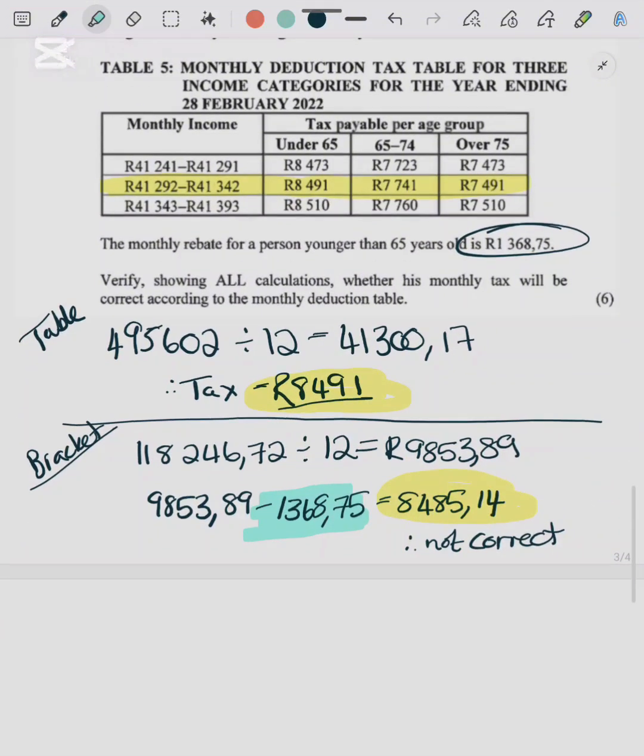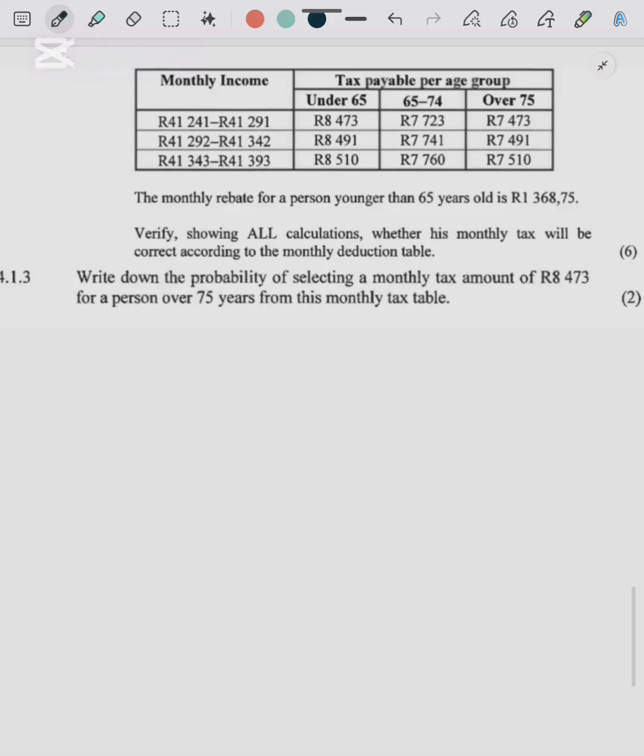Okay, let's look at 4.1.3. It says write down the probability of selecting a monthly tax amount of 8473 for a person over 75 from the monthly tax table that's provided. So we're only worried about the part that's provided. We're looking at our over 75s, and the question is how many of them have a tax amount of 8473.